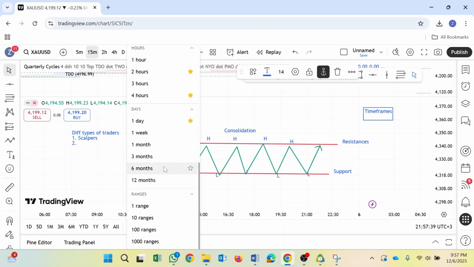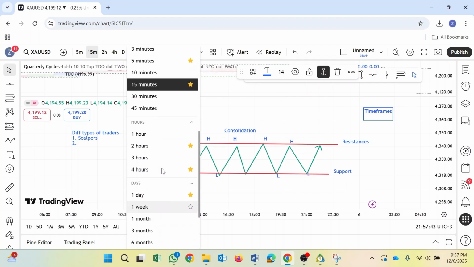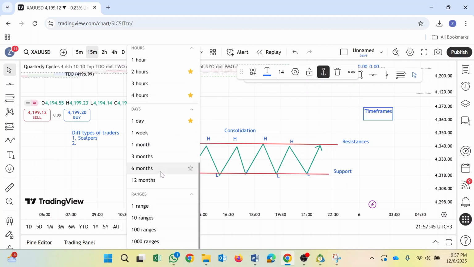But the challenge is that you might wait very long to get a setup. You can be studying the chart for a month plus. These things all depend on a person. There are those people who are favored by short time frames. There are people who don't like watching a chart because your blood pressure will start rising and we don't want forex to finish you. So you need to study yourself and understand yourself.